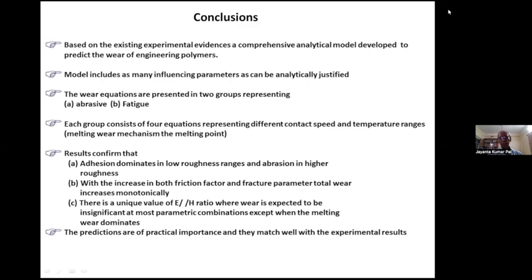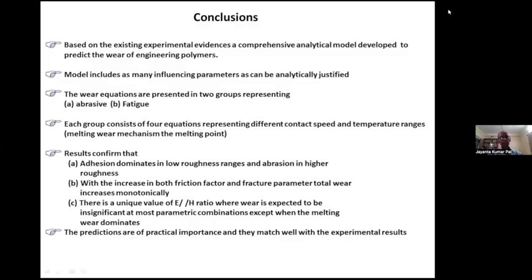And we have seen how this affects the results. So the results only confirm that the adhesion dominates for low roughness ranges and abrasion at higher roughness. This is quite understandable, and it is seen in both the model as well as in the experiments.